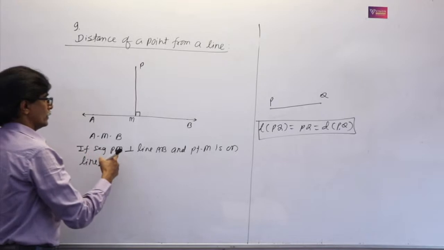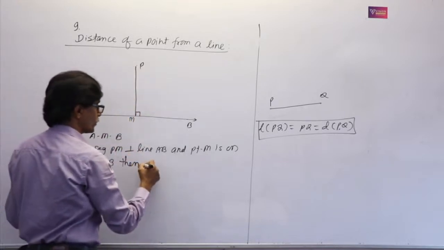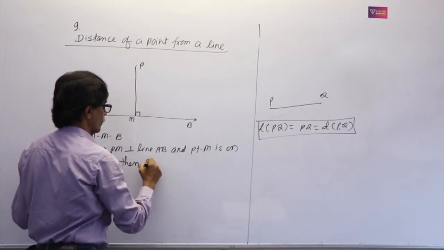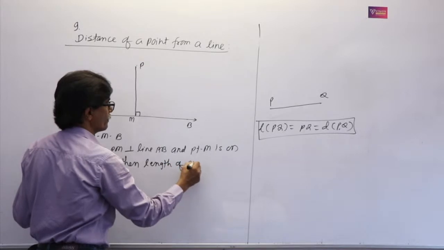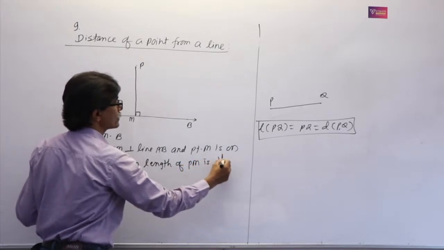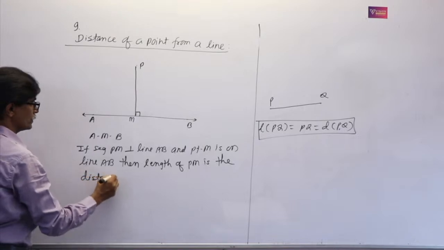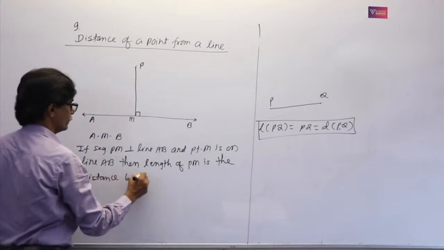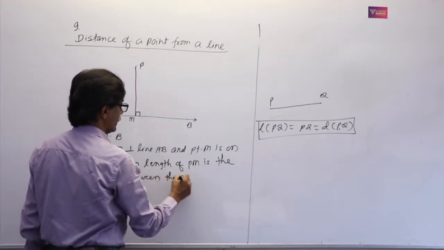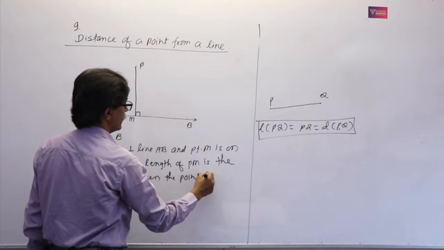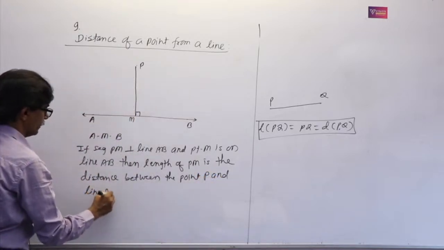Then the length of PM is the distance between the point P and line AB.